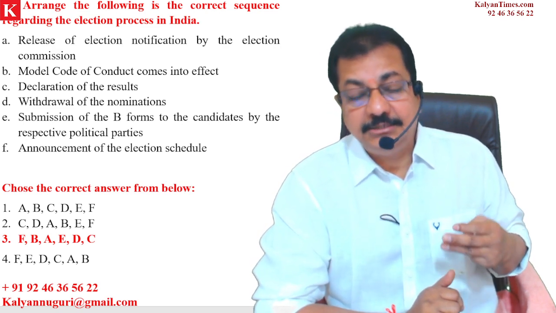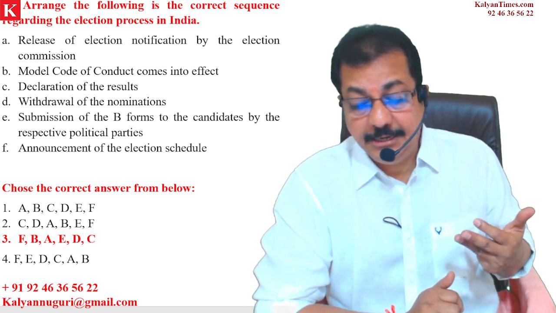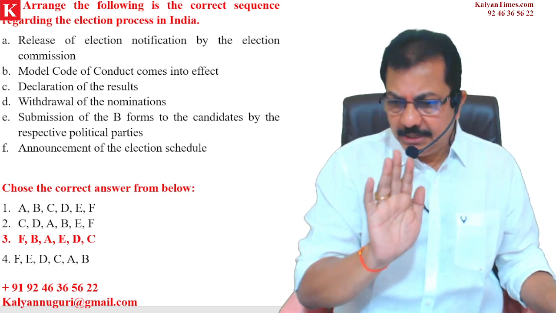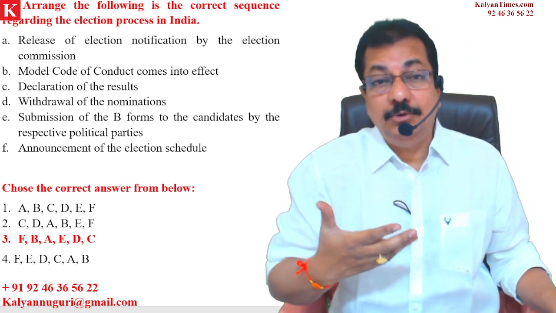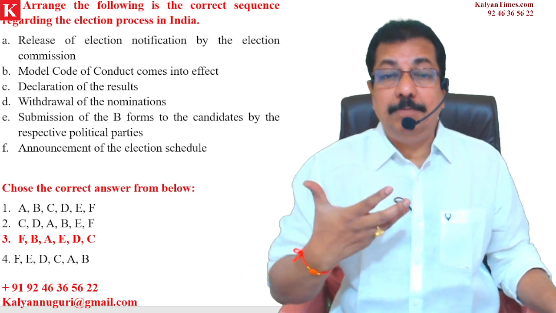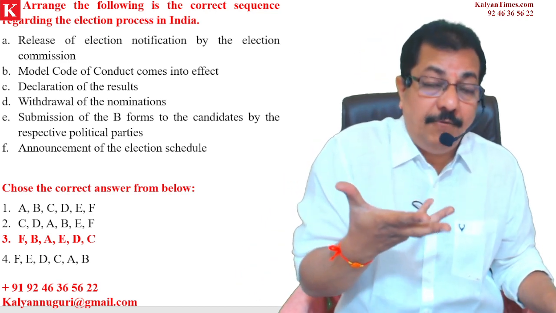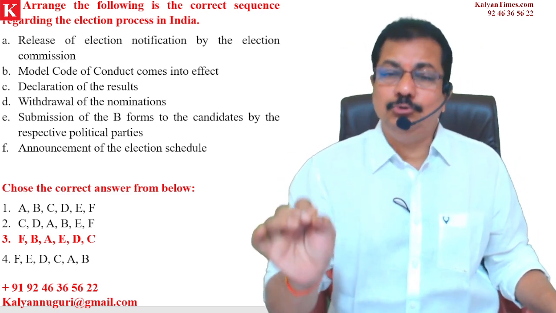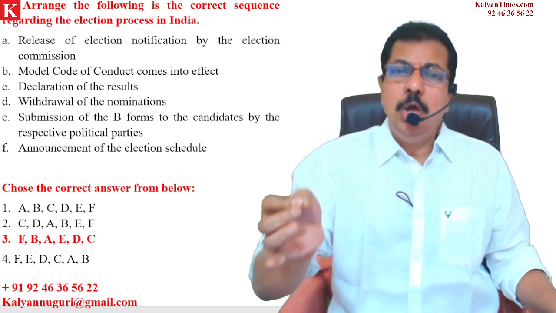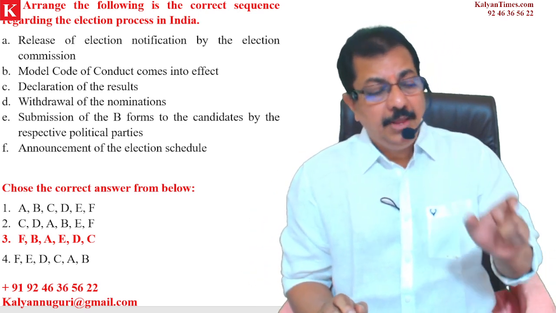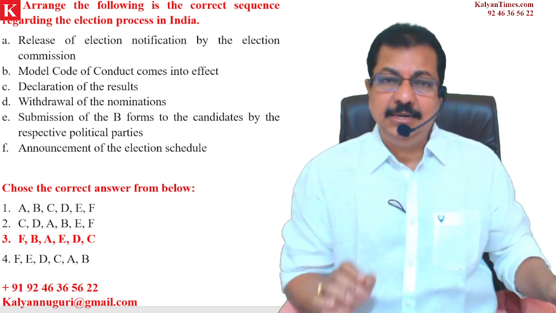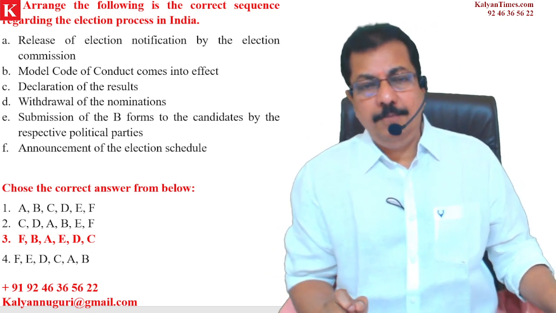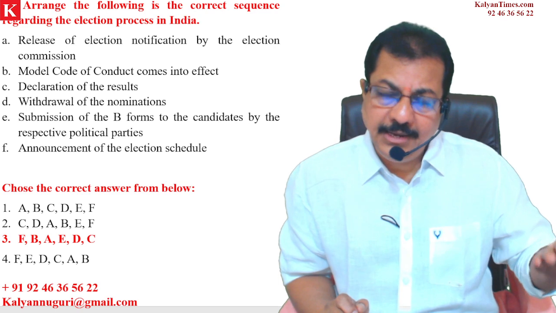Next is E. Submission of the B forms to the candidates by the respective political parties. Please remember this one very clearly. During the time of the elections, you will come across the B forms. These are the forms submitted by the candidates who are contesting on behalf of the political parties, meaning that a B form is signed by the party president, handed over to the contesting candidate, who has to fill up the form, and it should be submitted to the election commission.